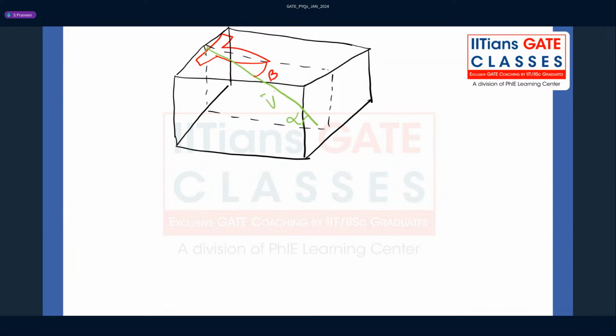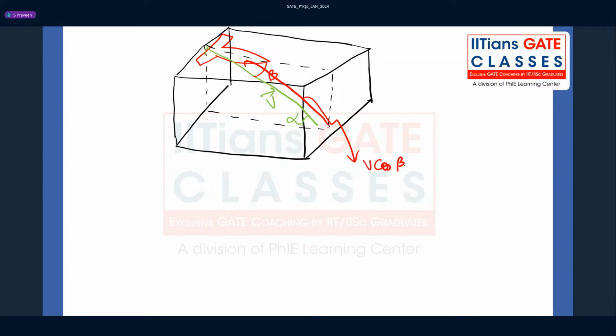This is my V vector, and if I try to project it onto this plane, using a red color, on this dotted plane, this projection will simply be V cos beta, correct?